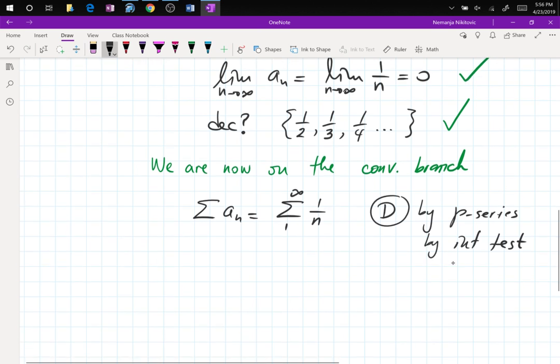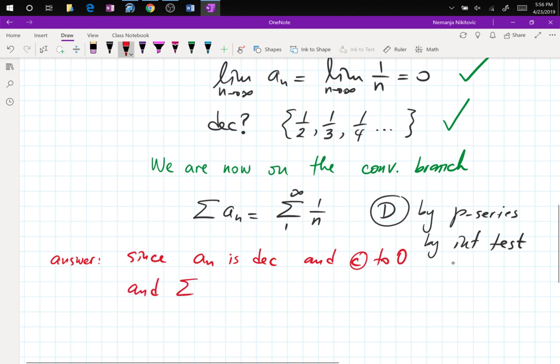So now, answer: since a_n is decreasing and converges to 0, that's a sequence, and the summation of a_n diverges, the series summation of (-1)^n over n conditionally converges.